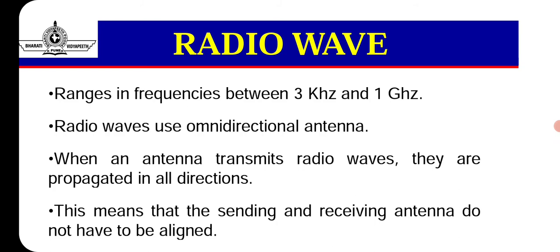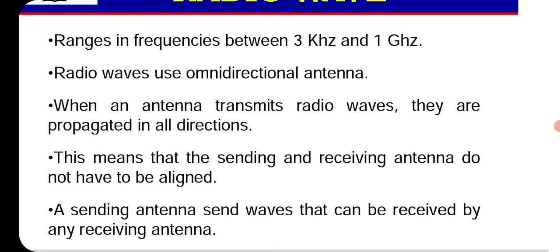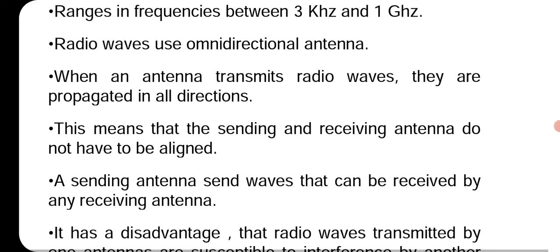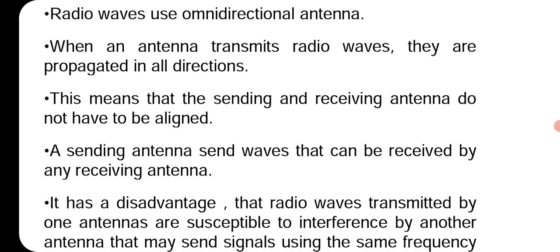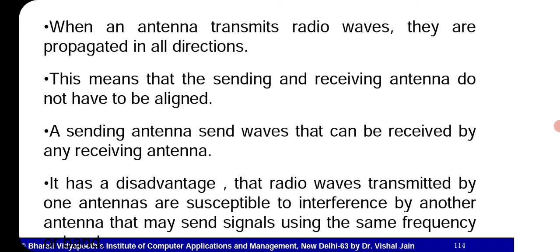Radio waves use an omnidirectional antenna. When an antenna transmits radio waves, they are propagated in all directions, which means the sending and receiving antennas do not have to be aligned. A sending antenna sends waves that can be received by any receiving antenna.